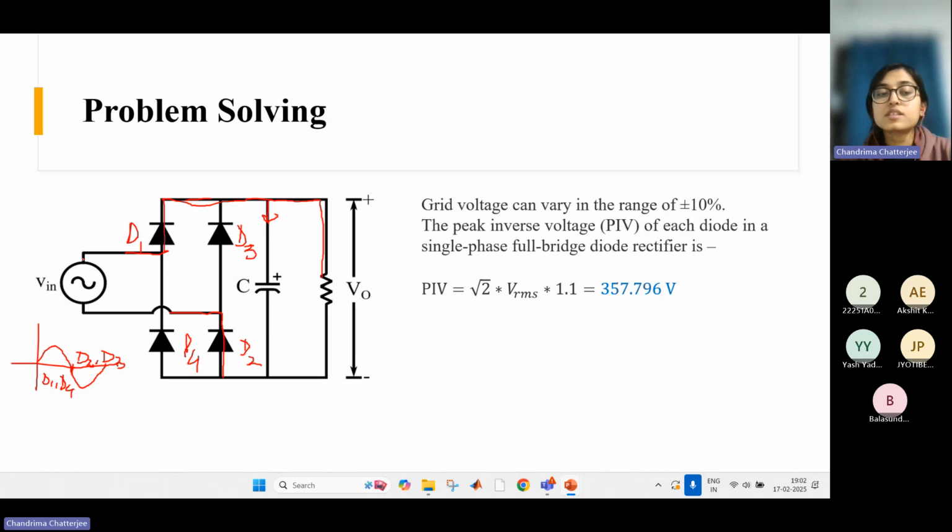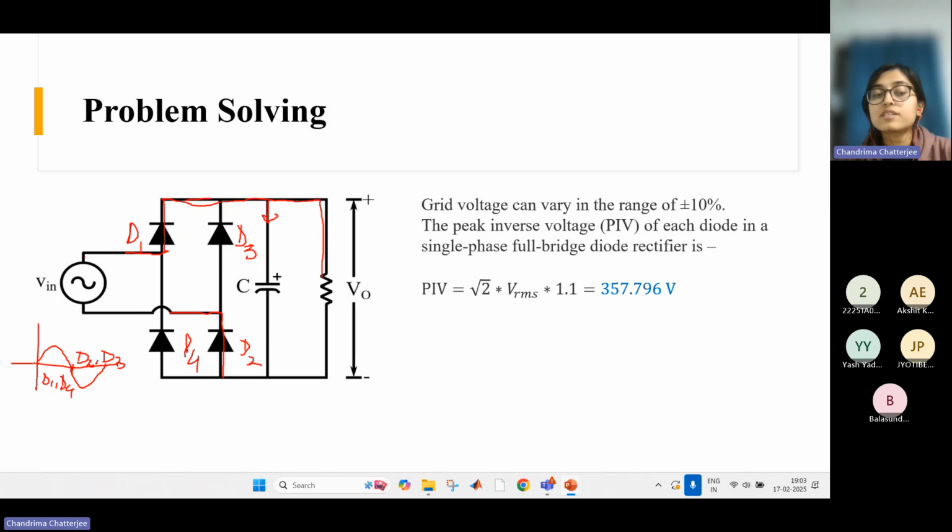So if you see this point, it is connected to this point via this diode, right? Because now this diode is conducting. So this potential comes at this point, and this potential is already connected to this point. So essentially, what is the voltage that this diode is blocking?